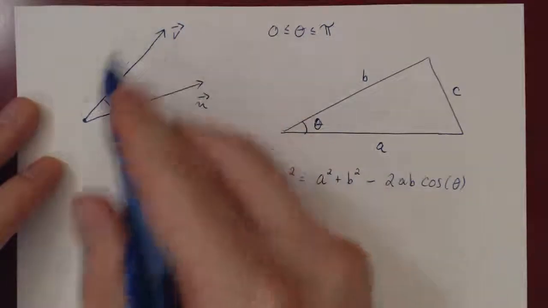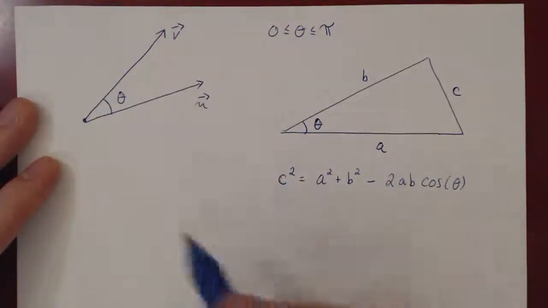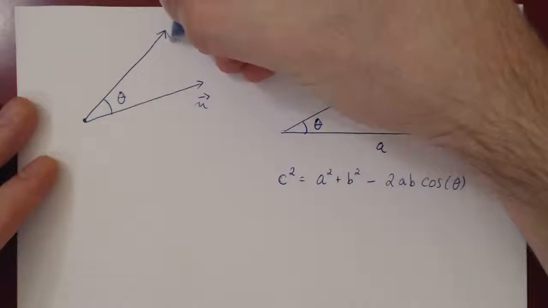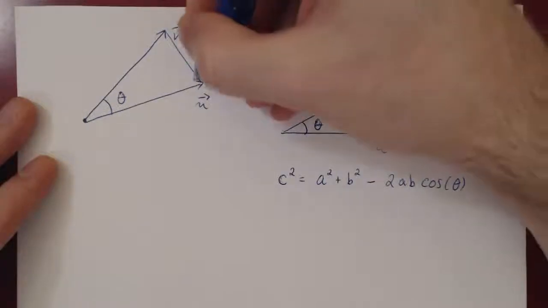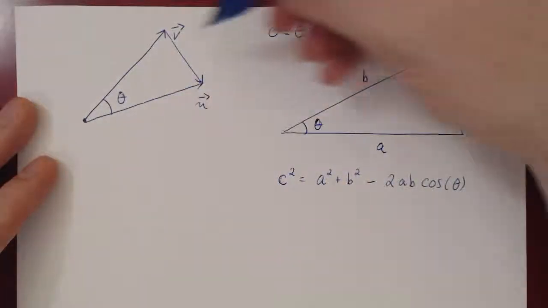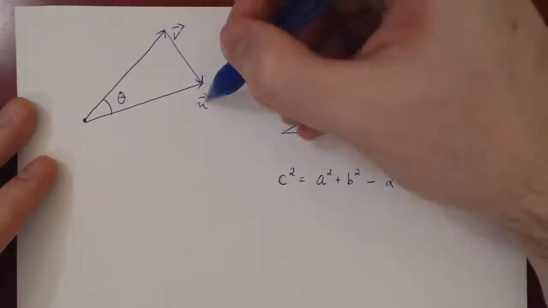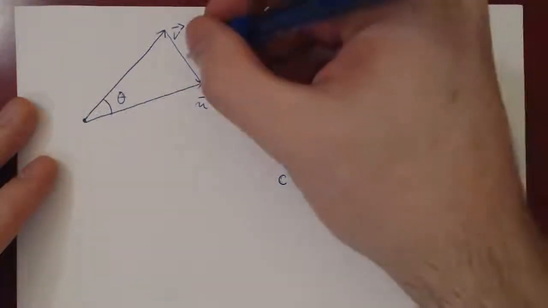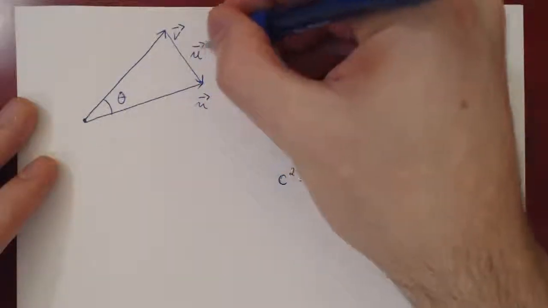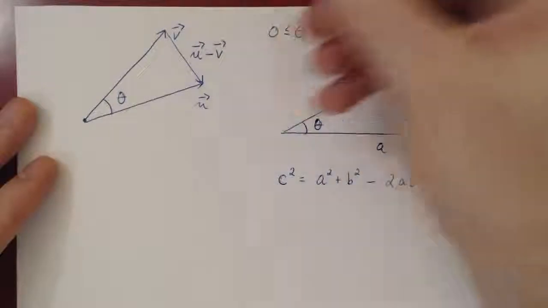Well, now we have a triangle here. Well, almost. We have two edges, right? But remember that we can easily form a triangle by connecting the endpoints of our two vectors. And if we do vector v plus this vector, we end up with vector u. So this vector ends up being u minus v.